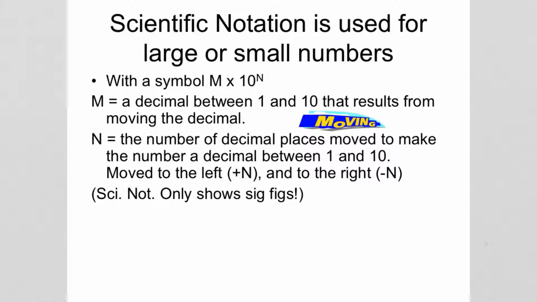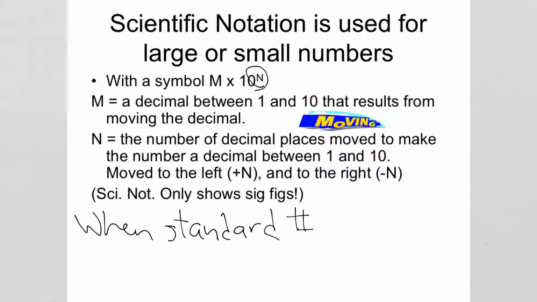Now, one thing that often messes up students is whether it is a positive n or a negative n, meaning the exponent. Another way I remembered it, I finally got it down, I think in college, is that when the standard number, 75,000, is less than 1, then n is negative.